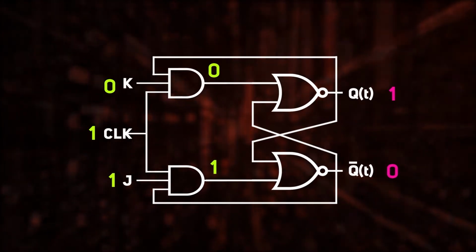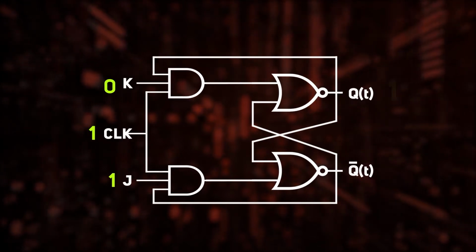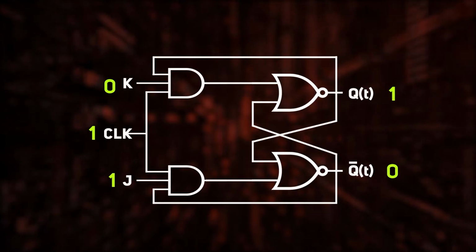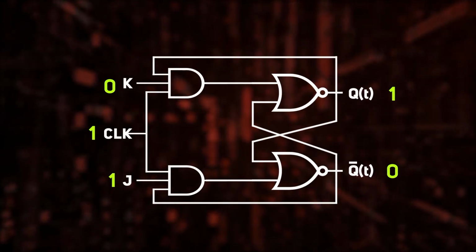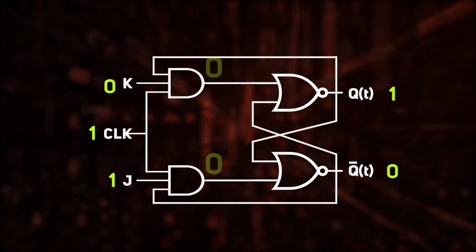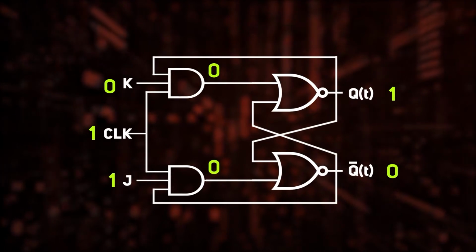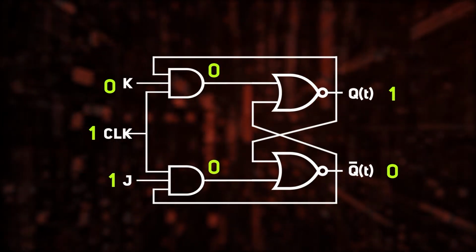Now, if the previous state value of the JK flip-flop was Q equal to 1 and Q complement equal to 0, what happens then? Look at the diagram. The J input gate will also turn out to be 0 because Q complement is 0 now. What happens when NOR gated SR latch has both its inputs 0?